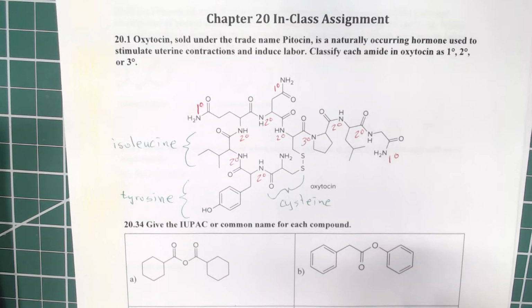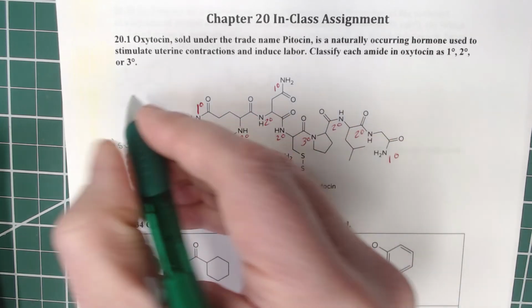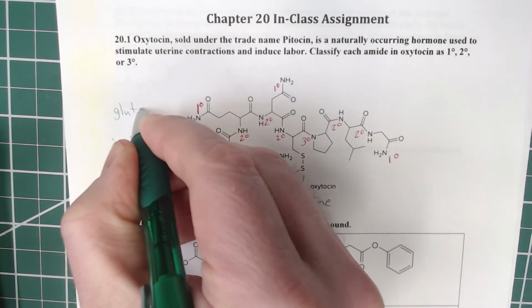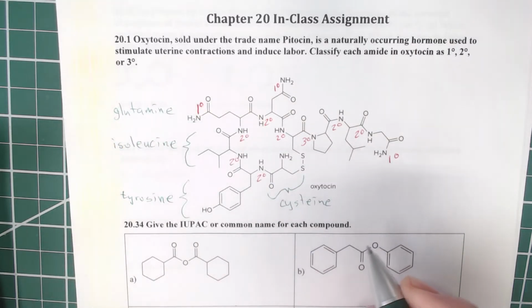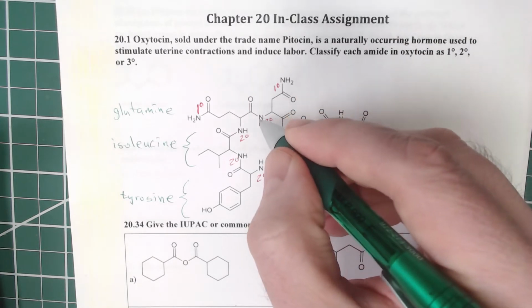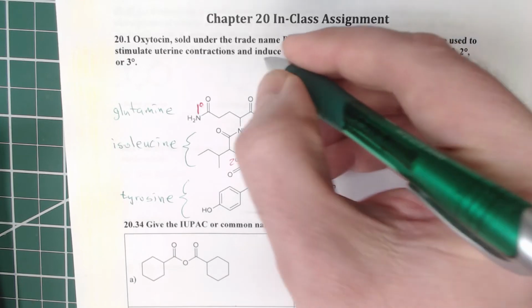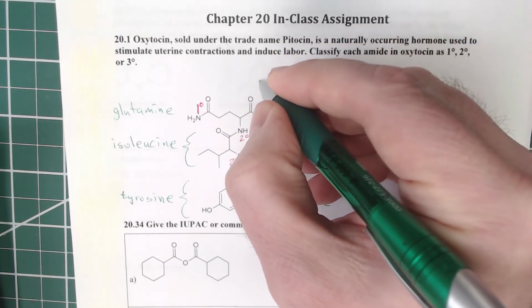This one is going to include all of this stuff here, and this one is glutamine. And then over here, from here to there, that is going to be asparagine.